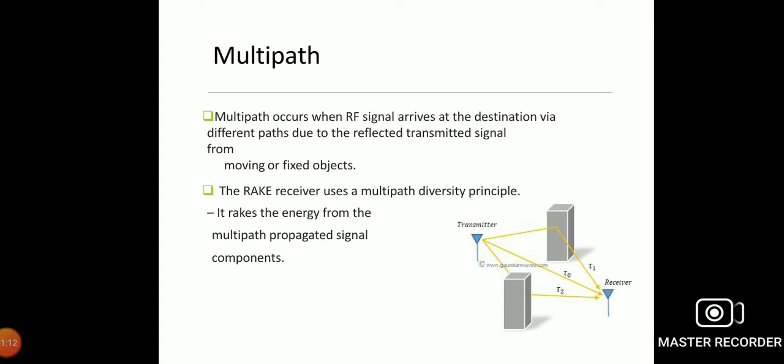Each correlator unit is capable of searching a particular range of time delays in terms of a search window. The rake receiver is known as the diversity receiver. It is designed particularly for CDMA techniques.